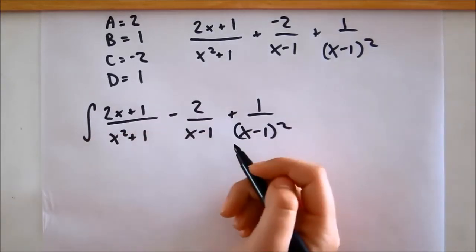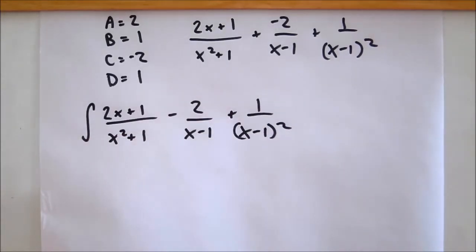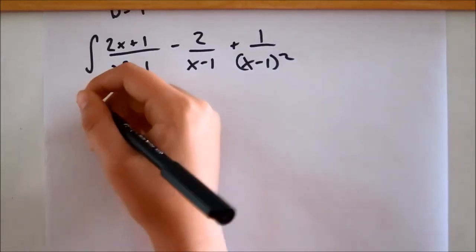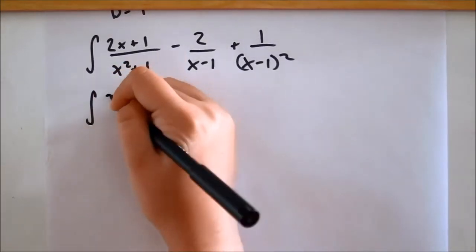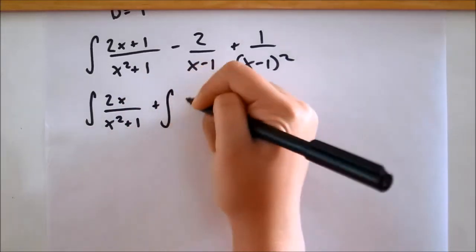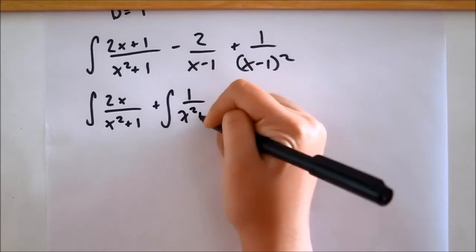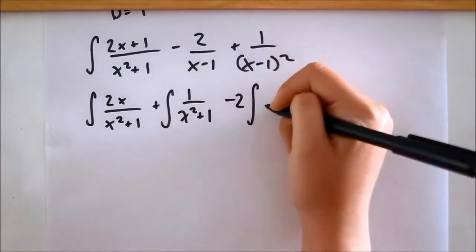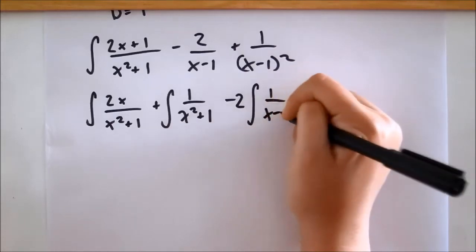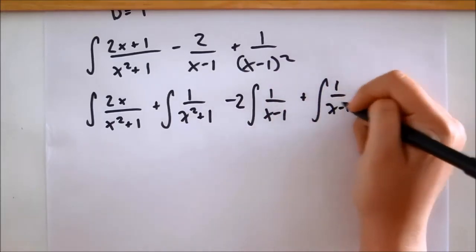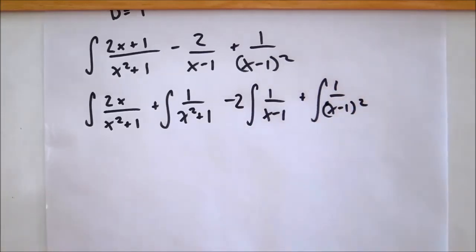Now we can distribute the integral and break this fraction into two parts so that we can more easily integrate. Then we get the integral of 2x over (x squared plus 1), plus the integral of 1 over (x squared plus 1), minus 2 times the integral of 1 over (x minus 1), plus the integral of 1 over (x minus 1) squared.